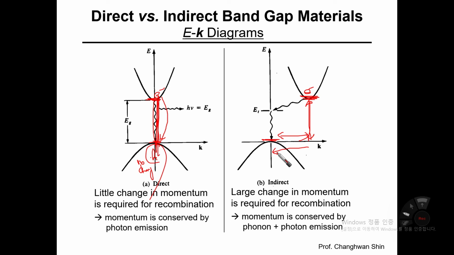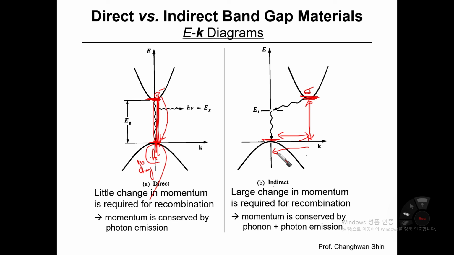More generally, suppose that we have a single electron, and let's imagine that this electron is going to lose its energy. What if this electron changes its momentum while losing its energy? Then we can say that this electron is living in a semiconductor material which is an indirect material.